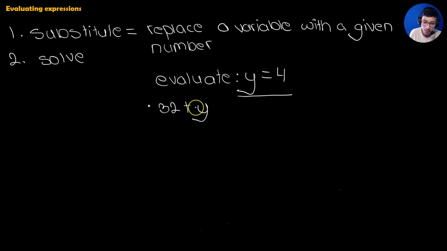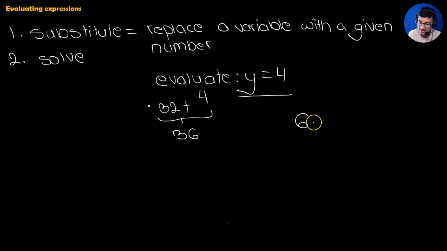So we replace y with 4. Now our equation becomes 32 plus 4. Now the second step, we can just simply solve. 32 plus 4 equals 36, and that's it. It's that simple. Let's try another one.